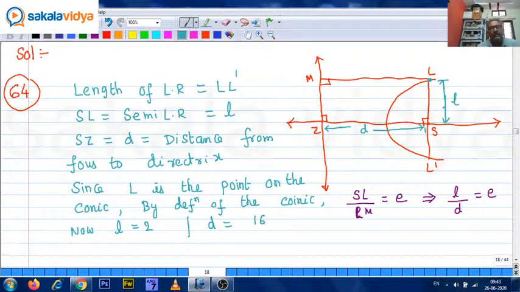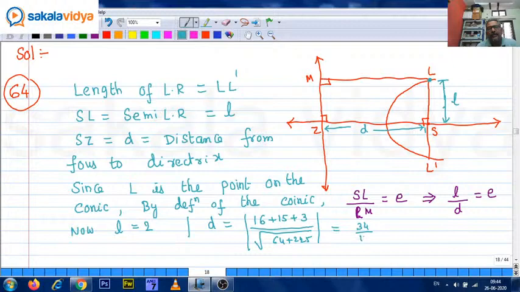That is 16 plus 15 plus 3 upon root of 64 plus 225. This will be 31 plus 3, 34 upon root 289.